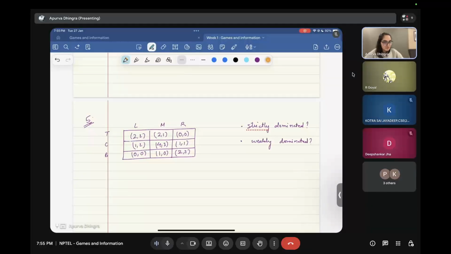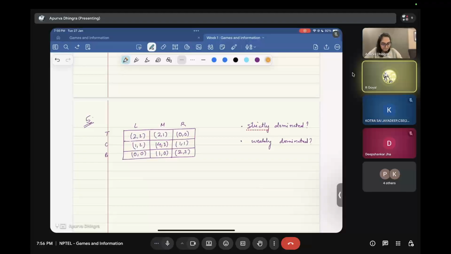Such situations are possible. In these situations you have no choice but to just use the Nash equilibria concept directly, the definition directly. Otherwise, you can use one of the processes that we saw today. Either go for elimination of weakly dominated strategies, where you have to be careful because the order matters, or if there are strictly dominated strategies, elimination of those will help you get to the answer as fast as possible.